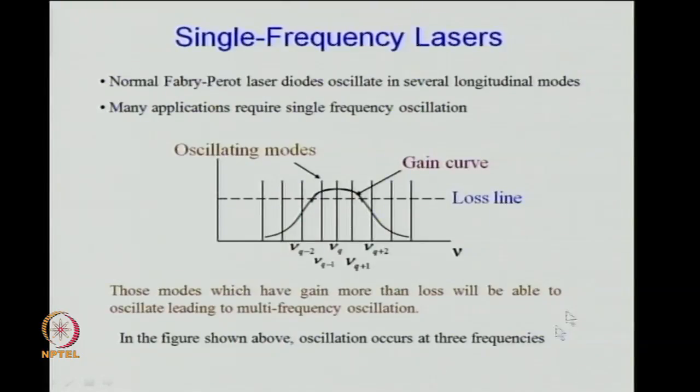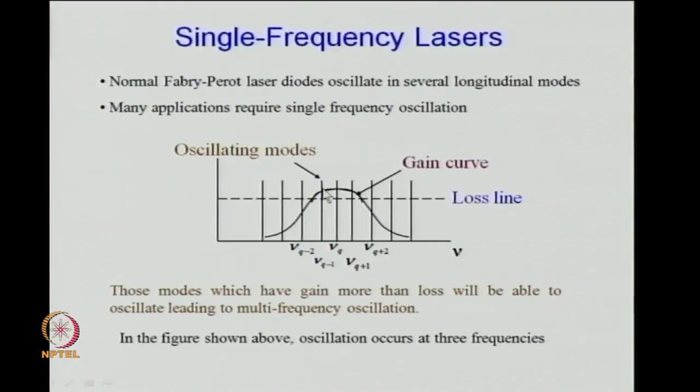We have discussed this, but let me recall it: normally Fabry-Perot laser diodes oscillate in several longitudinal modes, because you can see here that this is the gain curve and this is the loss line, and the vertical lines represent the resonance frequencies allowed by the resonator, but only these three frequencies, 1, 2, 3, have gain.